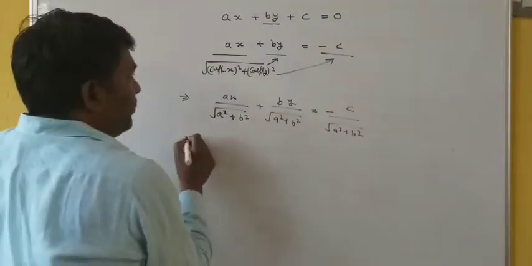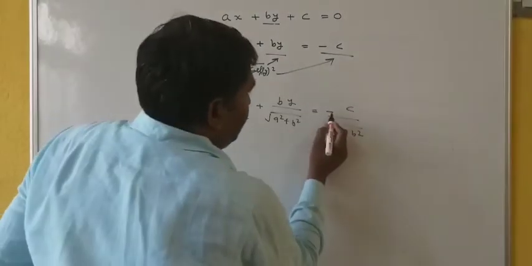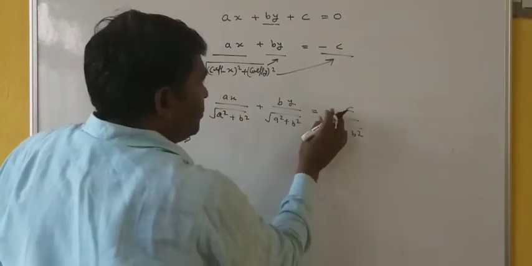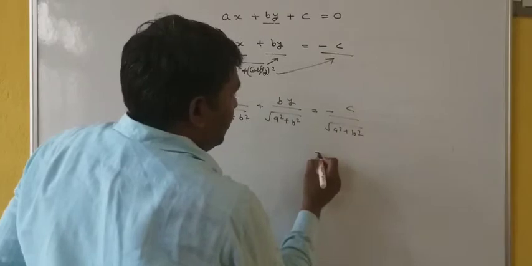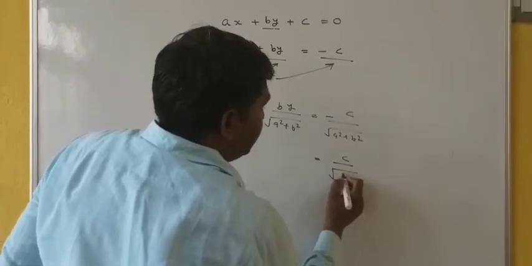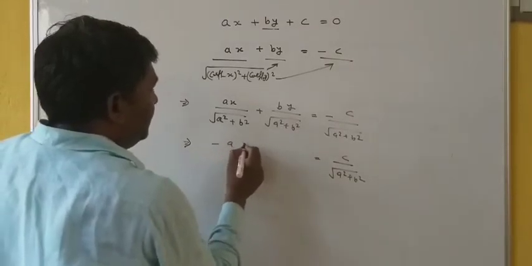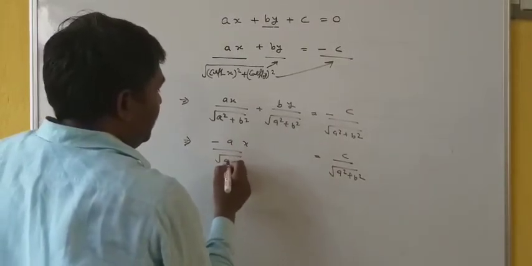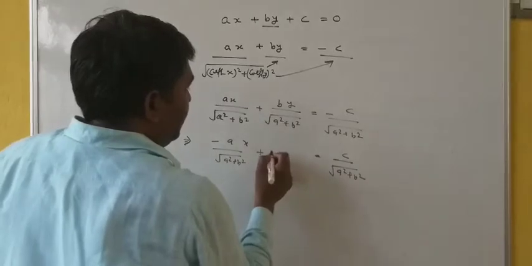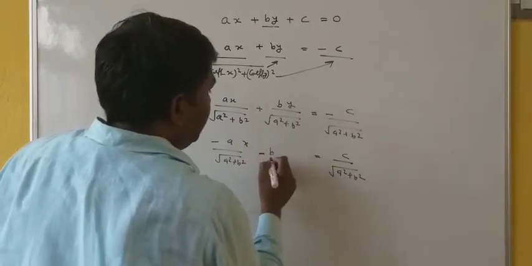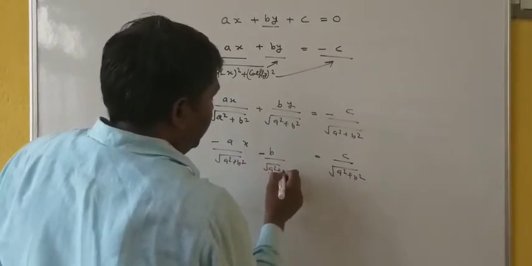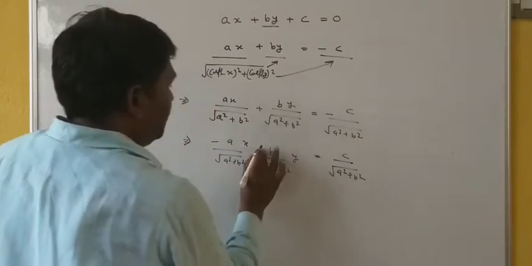So now, whatever here, since it is negative sign, so make it positive. How will you make it positive? In the right hand side, changing sign. Here minus ax upon under root a square plus b square, here again minus b upon under root a square plus b square y is equal to this one.